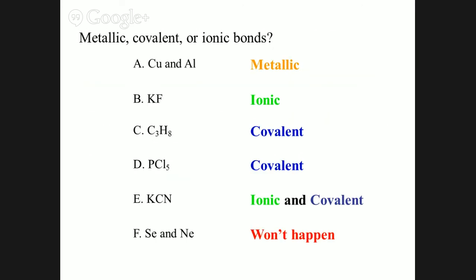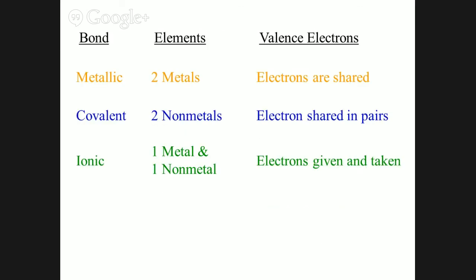In other words, you're actually given a compound or you're given 2 elements, or you might just be told they're 2 metals. What kind of bond? It'll be metallic. Notice, by the way, we didn't really spend a lot of time on the metallic bonds, and we won't. Most of our energies will be spent on the covalent and ionic, and we're going to start off mostly on the ionic and then end with the covalent.